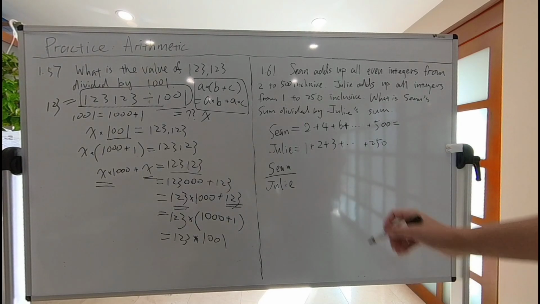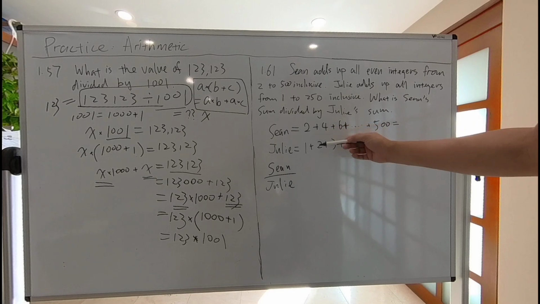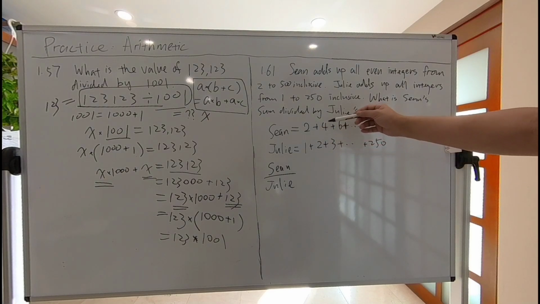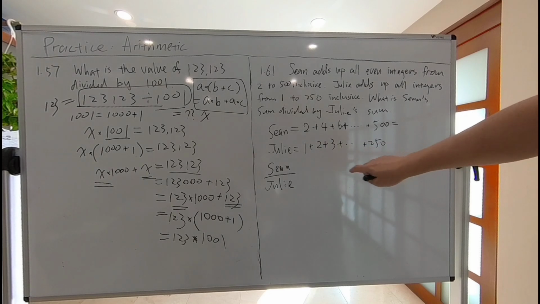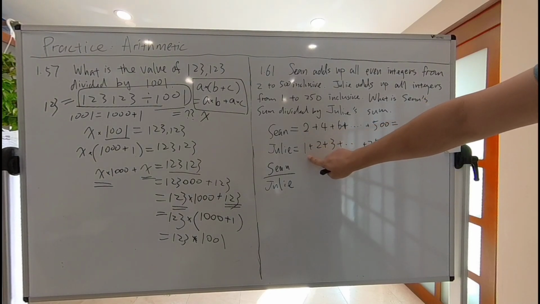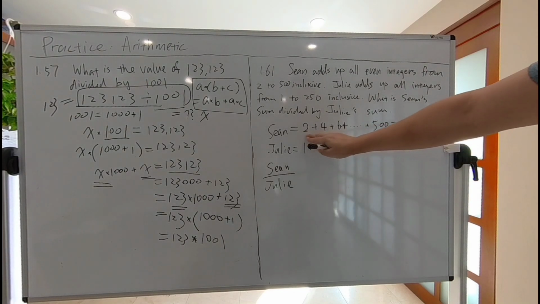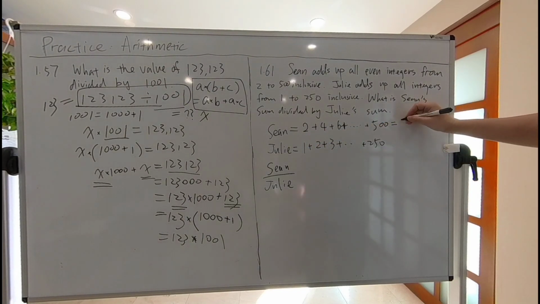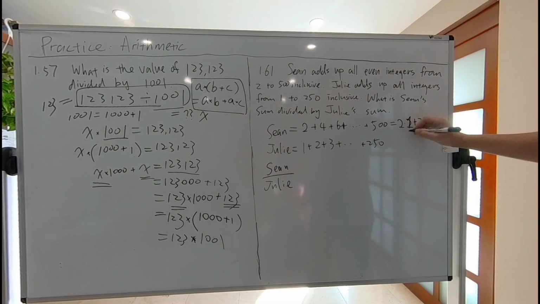And apparently, if I list the two expressions side by side and compare the numbers, you would probably see the pattern right away: each number that Sean used is 2 times the number that Julie used. In other words, there's a common factor of 2 in Sean's expression.